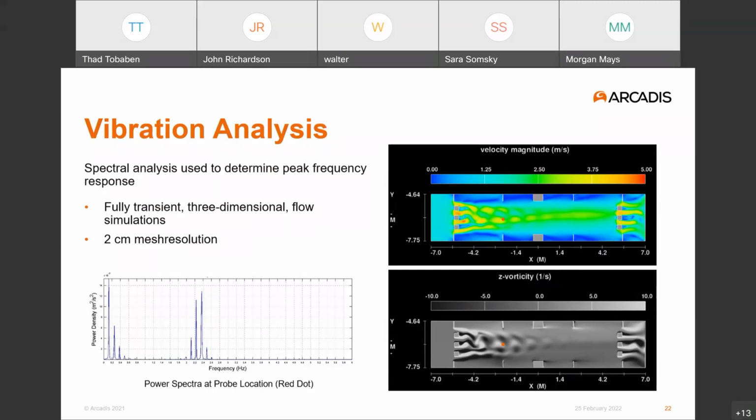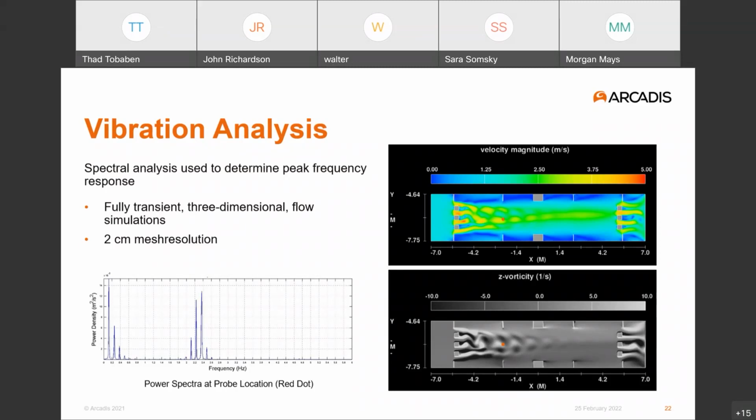As we move to the right, those vortices start to go away. And what I've marked on the figure as a red dot, just left of the X location minus 1.4 in the center of the channel, is one of the various sampling points set up in the numerical experiment where the time series data was output.